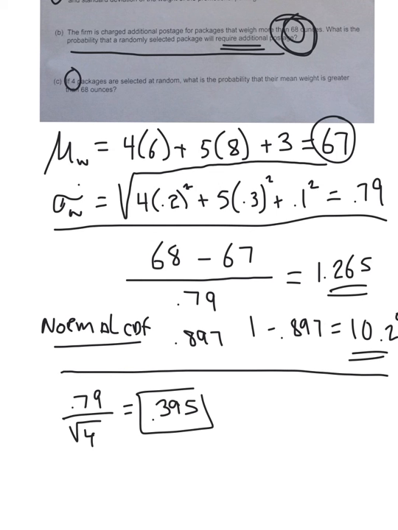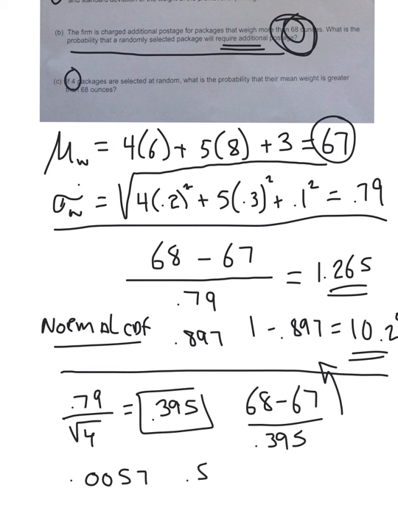Okay. And then we do the same process. So the average weight, right, is, let's see, over 68. That's the number we're interested in. 68 minus 67 divided by this new standard deviation, which is 0.395. Same process as that, normal CDF, subtract it from 1, and you should get 0.0057.